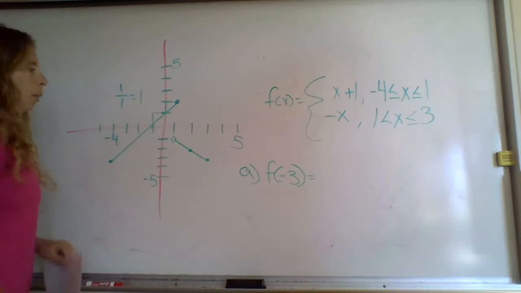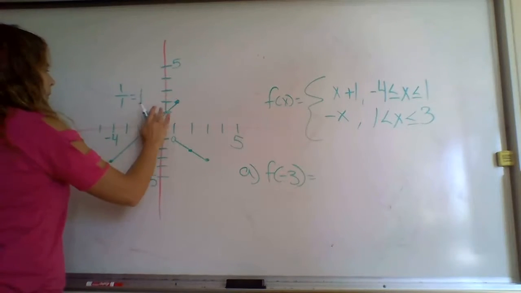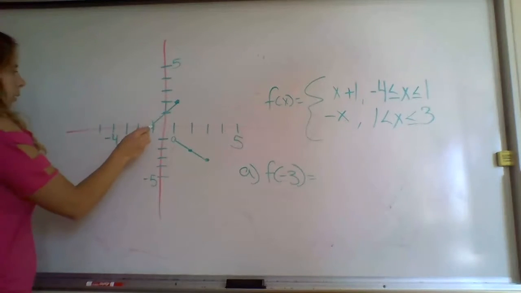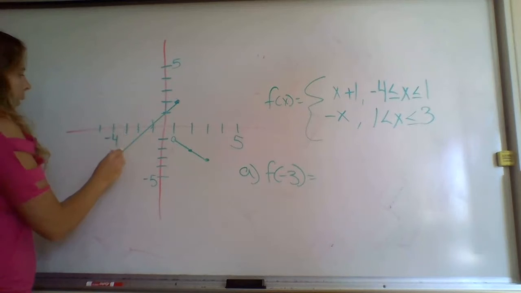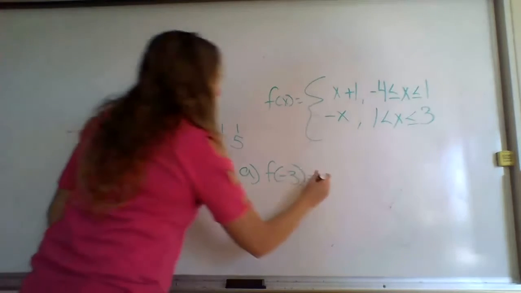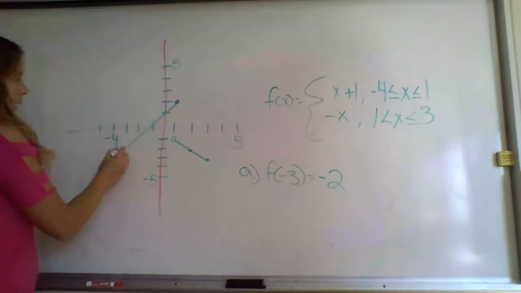That means when x equals -3, what is y? So when x equals -3, -1, -2, -3, y is it -2? It's hard to tell from my graph. Yes. When x is -3, y is -2.